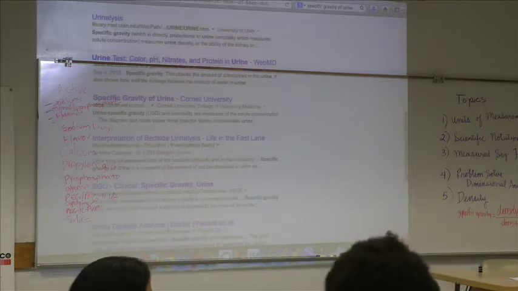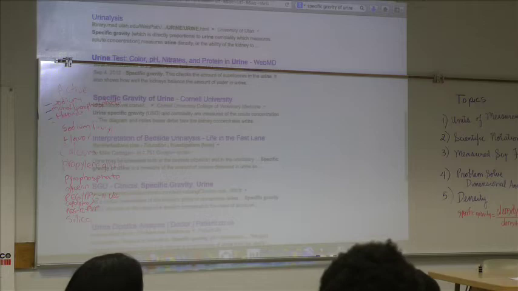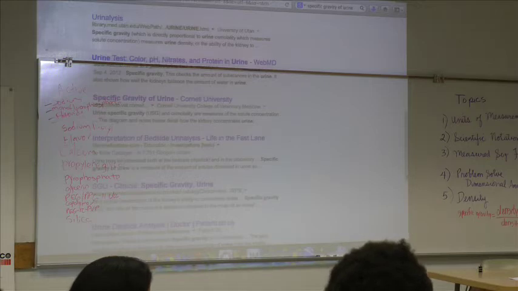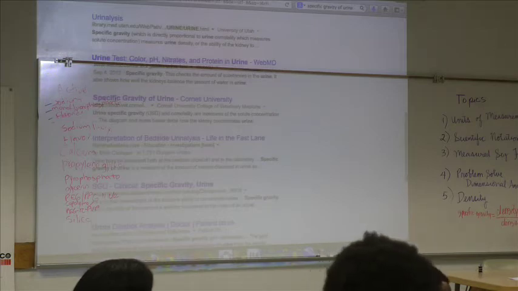Because density would be 22 point something grams per milliliter. It would be the same thing, but with no units, because the units cancel. So it's the density of the sample in grams per ml over the density of water, which is 1 gram per ml, so it cancels out.